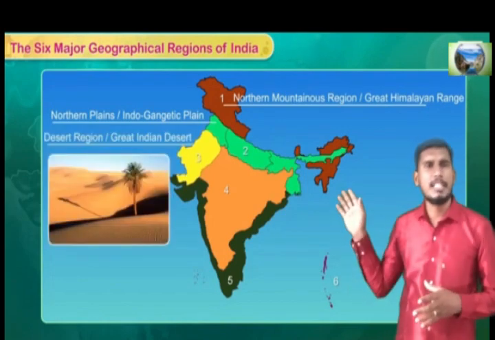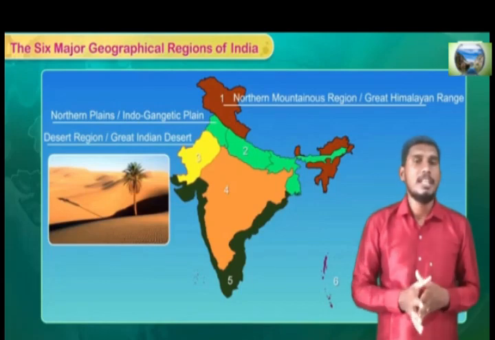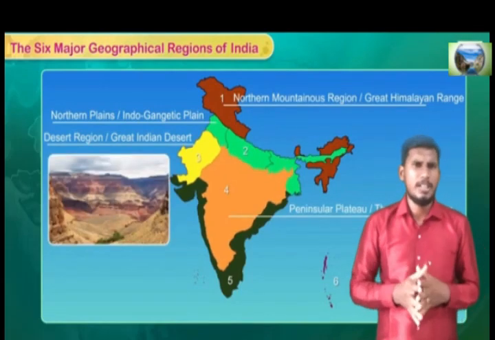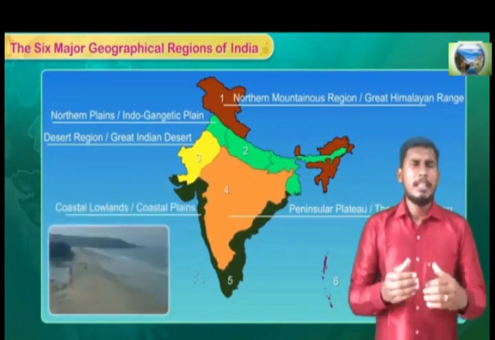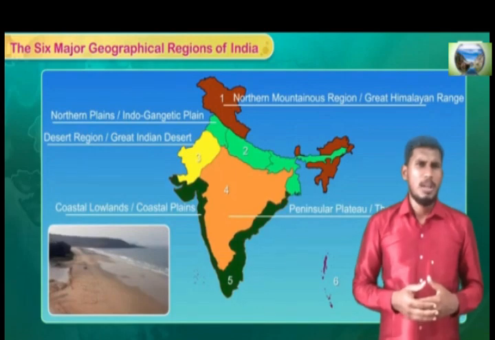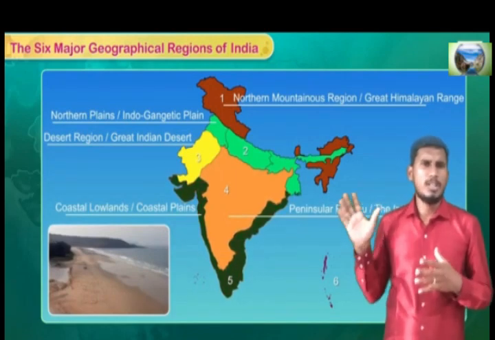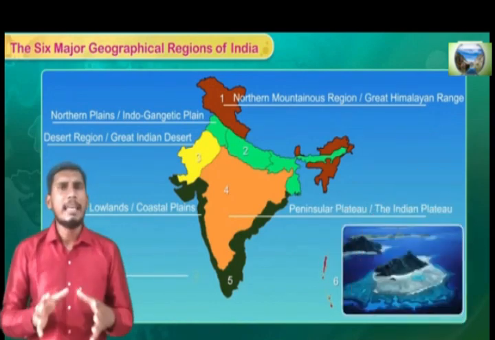The third one is the deserts of India, the Great Indian Desert. The fourth one is the Deccan region or the Indian plateau. The fifth one is the coastal plains of India. And the sixth one is the islands.